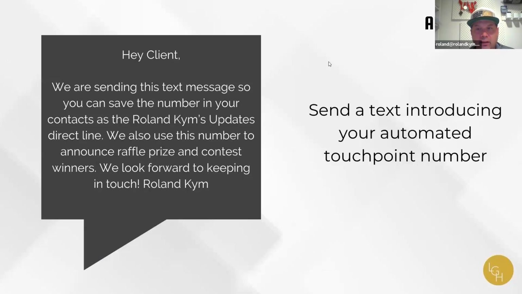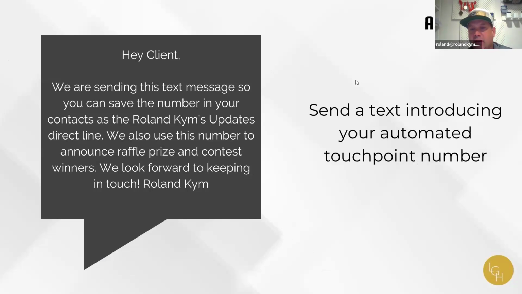A little while later, a text from my automated database goes out, and the text is again saying hi to the client. It is also introducing my new phone number and that business line that my text updates will be coming from.